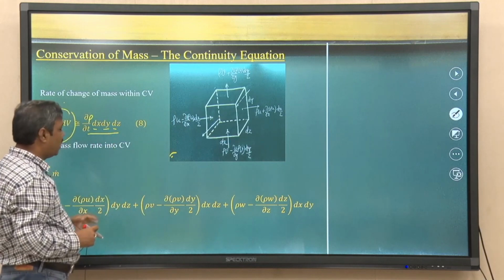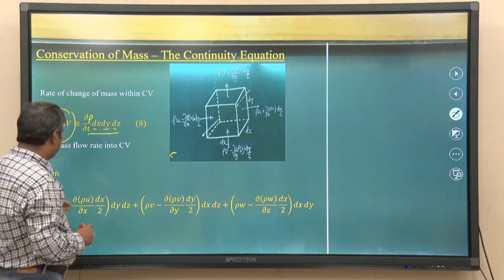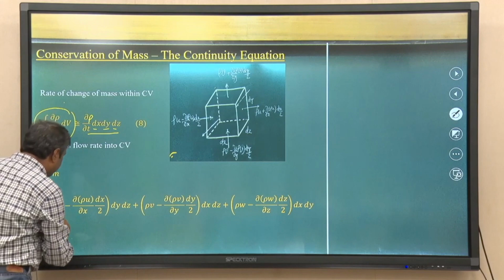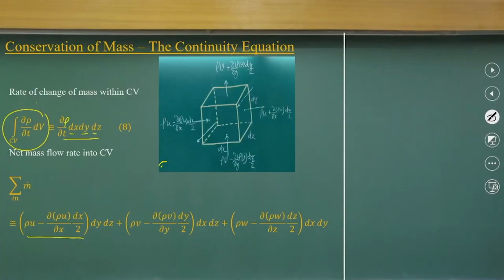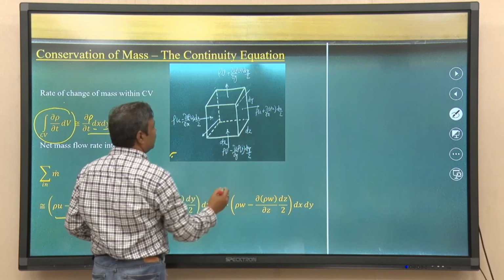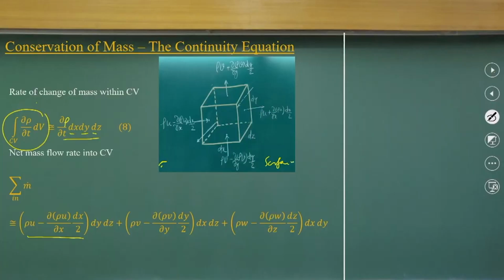Now, if you look at how much mass flux is coming in and going out. If I consider this as the x direction surface, the surface area will be dy dz.